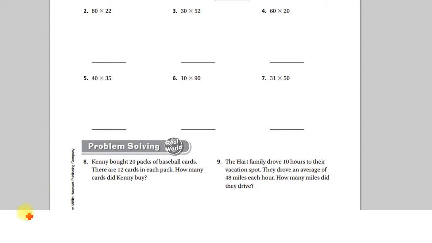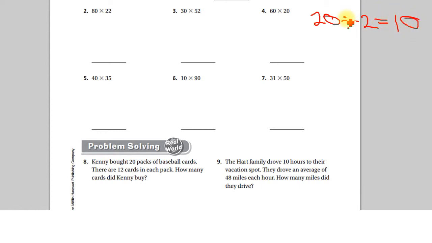Okay, next, let's skip around, let's jump over here to 60 times 20, excuse me. Now again, with this problem, a lot of different methods I can use. If I wanted to use the halving and doubling method though, I would choose to half the 20, because I know if I cut 20 in half, 20 divided by 2, I'm going to get that 10 that I like.